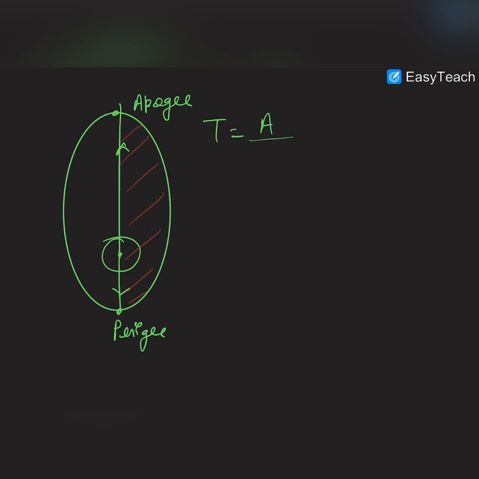So this time taken would be area covered upon the aerial velocity, dA by dt. Or we can also write down that dA by dt is equal to L by 2m, where L is the angular momentum and area covered is pi AB by 2.